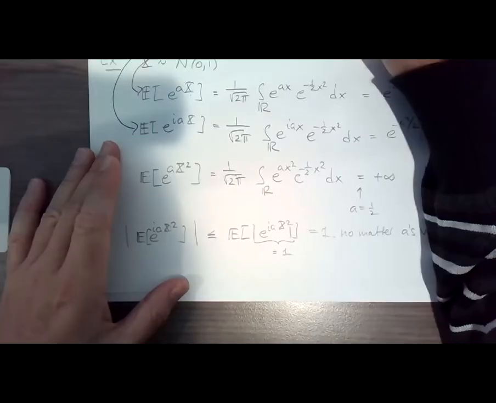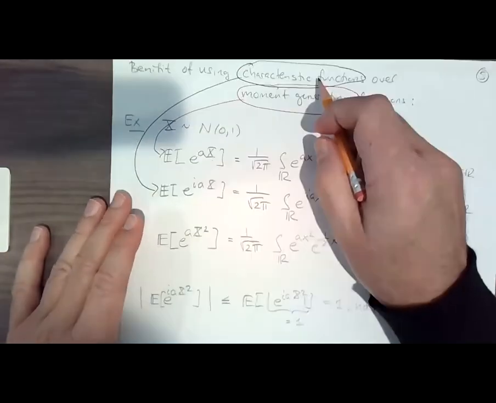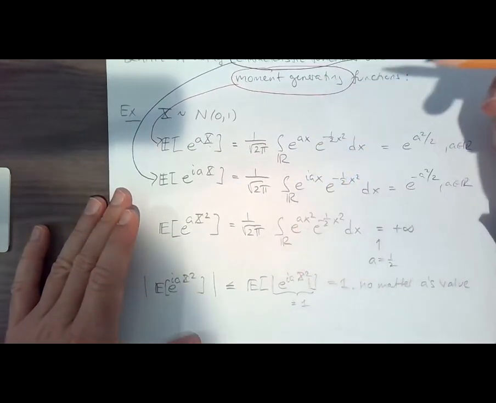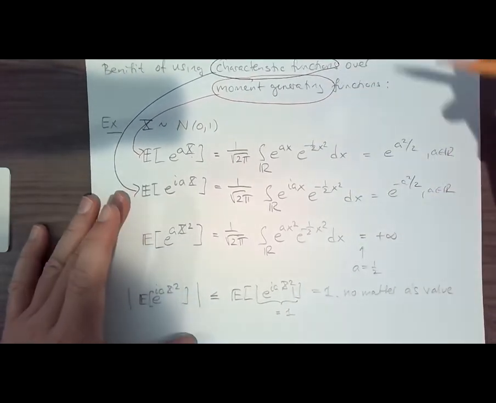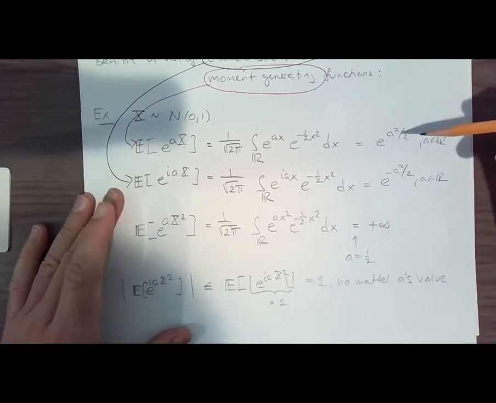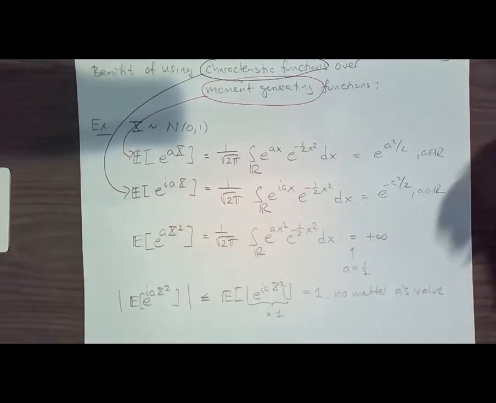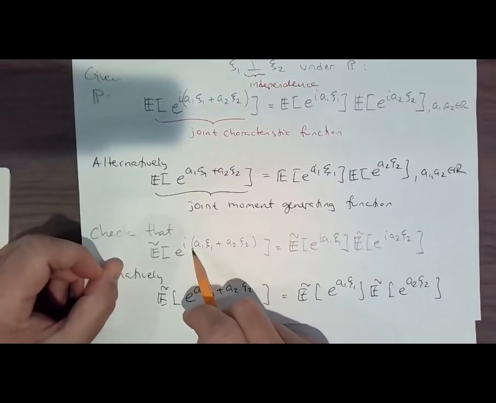So this is the reason that I prefer the characteristic function: I'm guaranteed that it never explodes. If I were to work with a moment generating function, I always have to worry about when the thing explodes, if it explodes. By putting in that i here, I never have to worry about that.